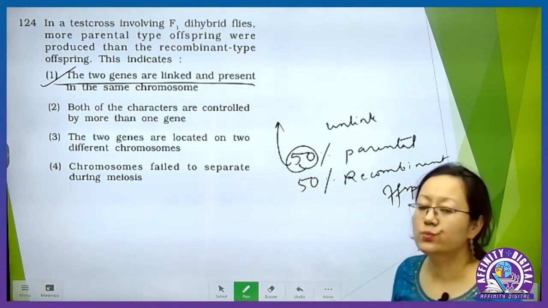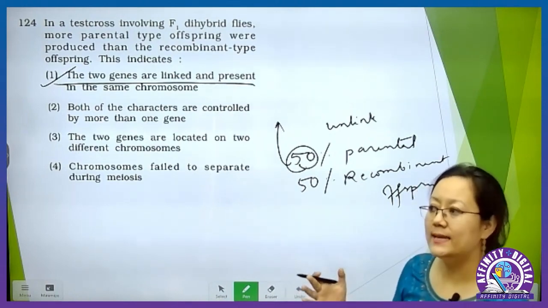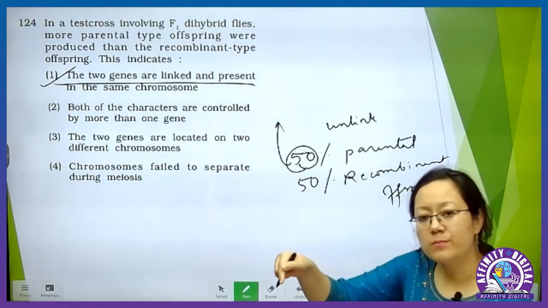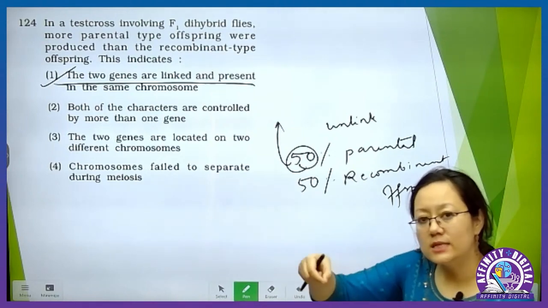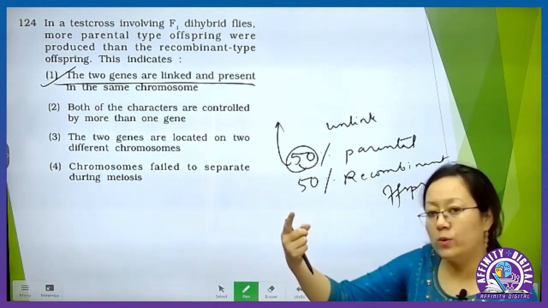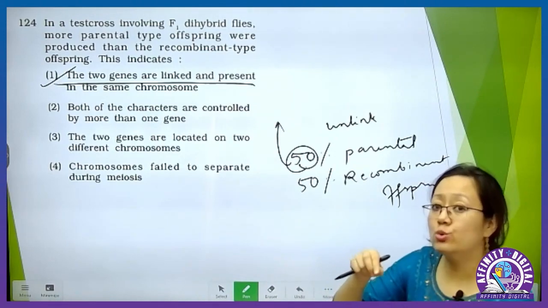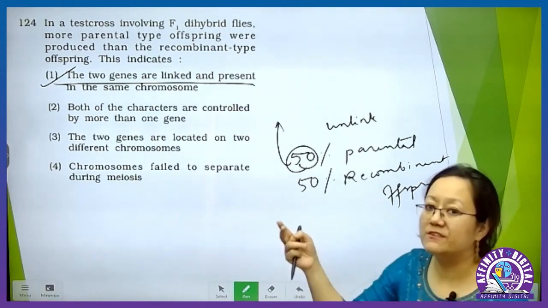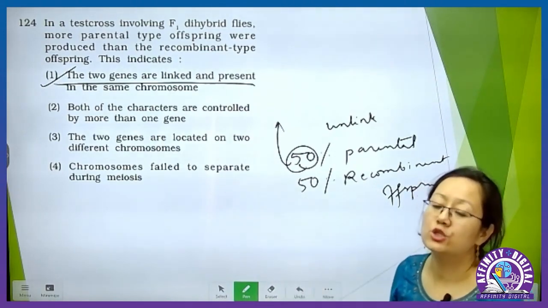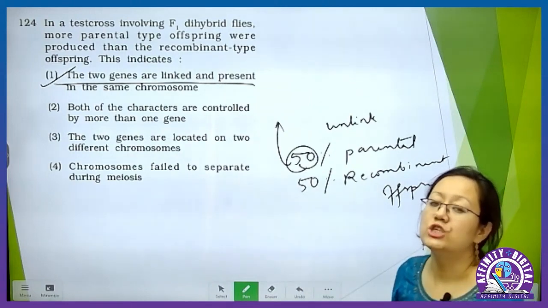Genes that are unlinked may be located on the same chromosome, but the distance between the two genes will be very far. Otherwise, the two genes will be located on different non-homologous chromosomes, so they will be unlinked.